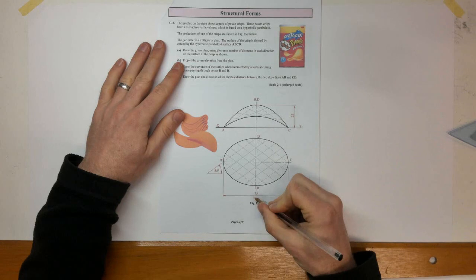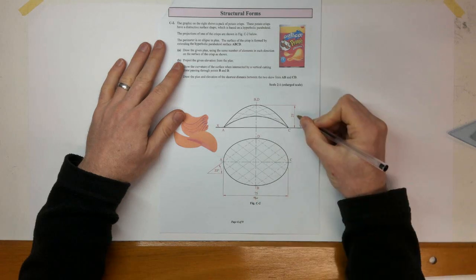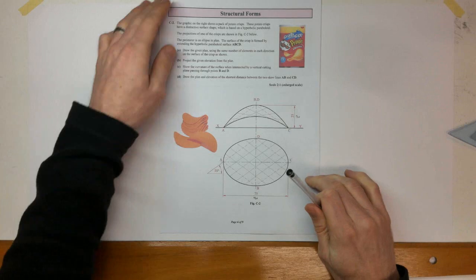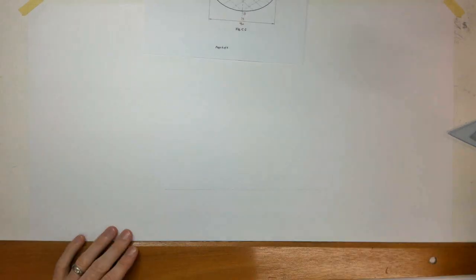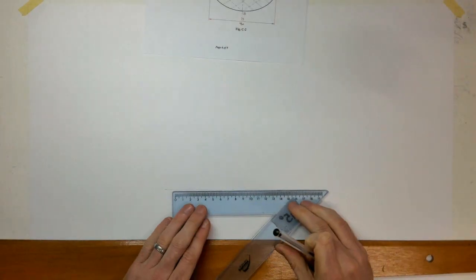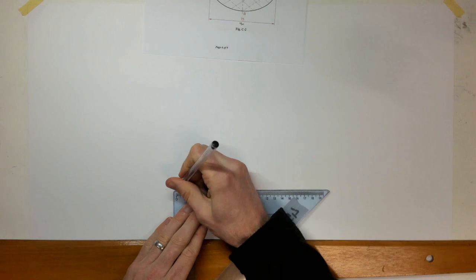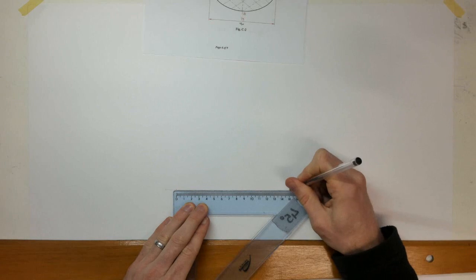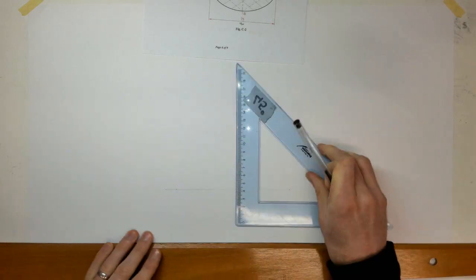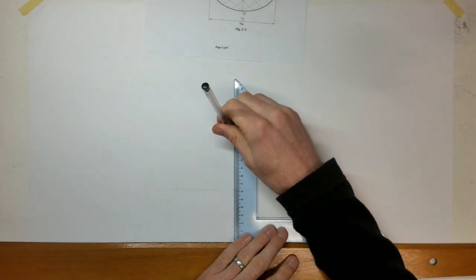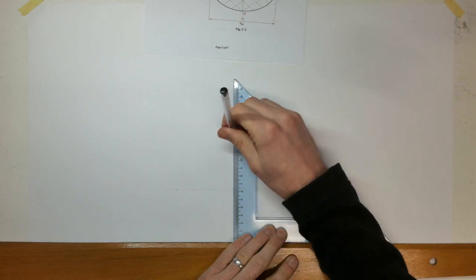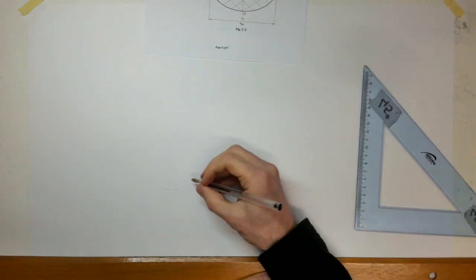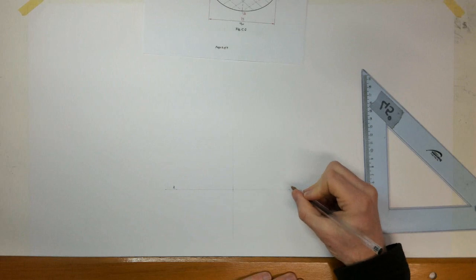So that's 150 and that's 50. Okay. So 75 to the left. 50. Okay, so that's my A, C.